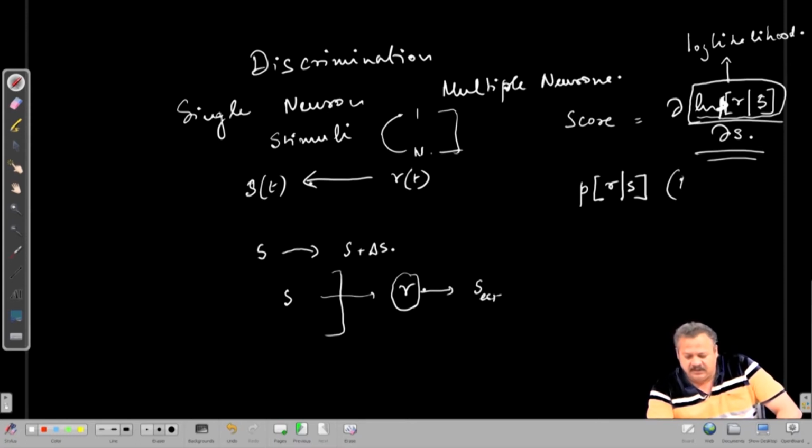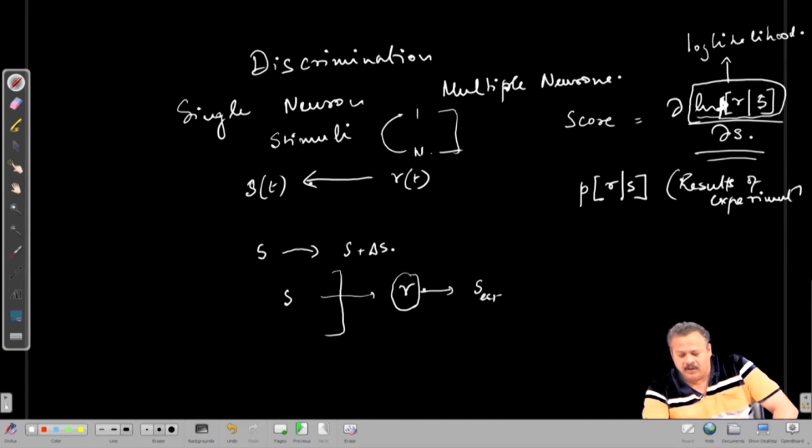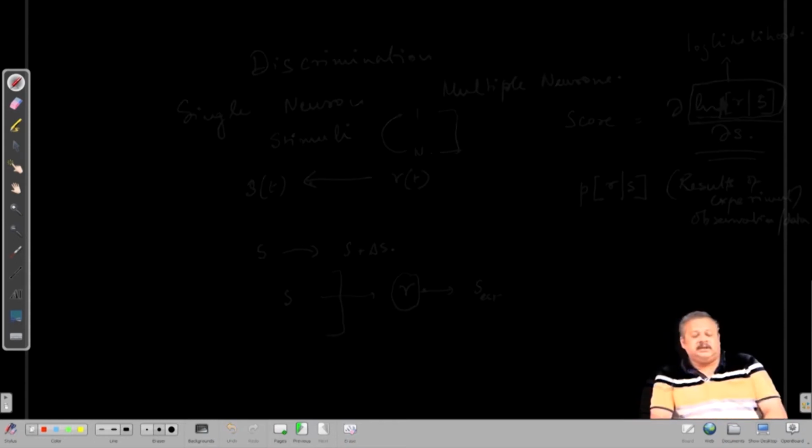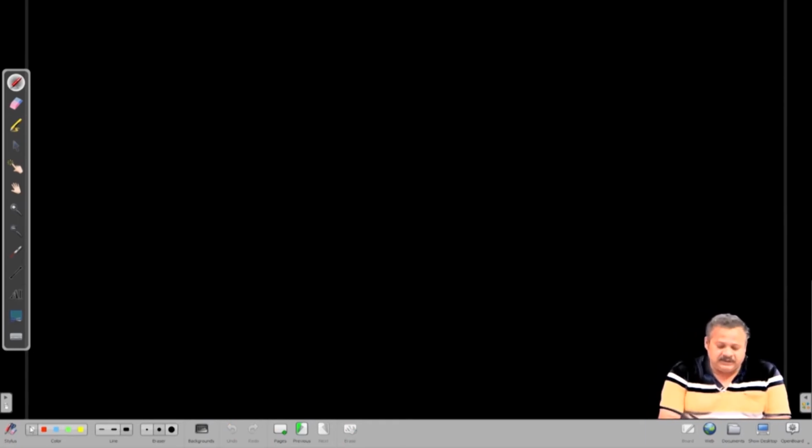So this is the result of experiments. This is our observations or data. So with multiple repetitions, we get a distribution of R for a given stimulus or stimulus parameter S. So let us continue with this idea in a slightly different manner.